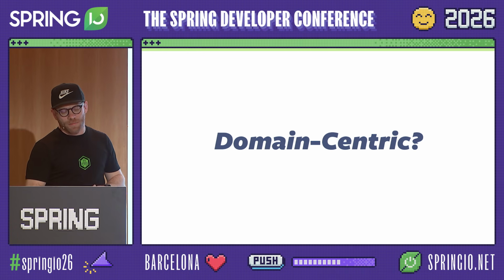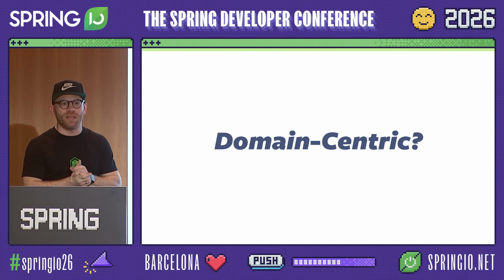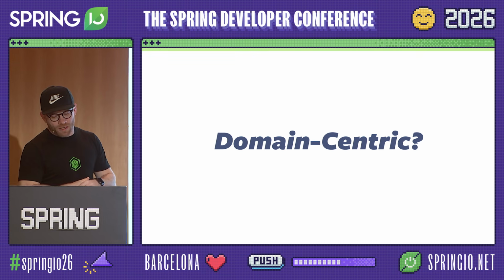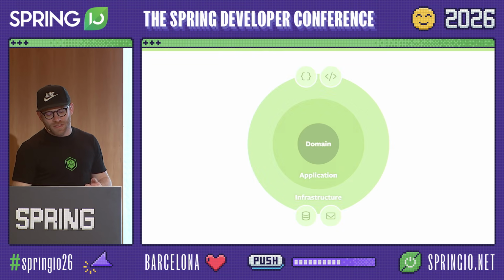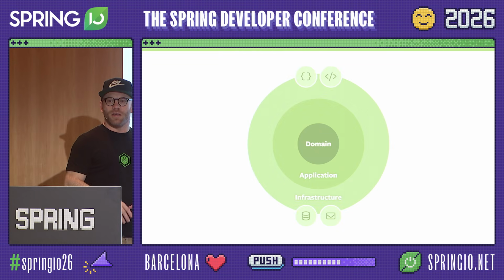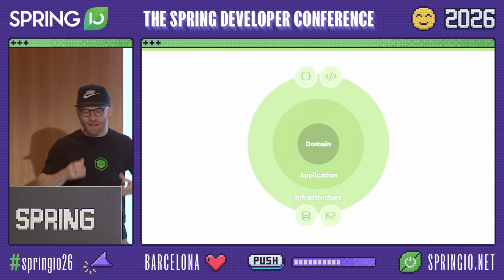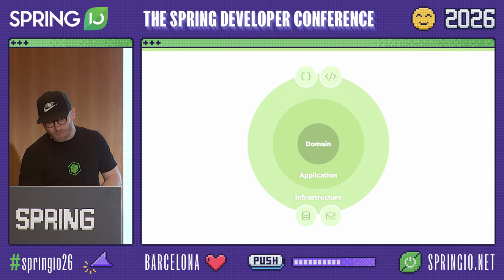And my pet peeve being these architectures being called domain-centric architectures, right? That comes from the fact, of course, that in both hexagonal and onion architecture, the domain is actually at the heart of the diagram that you draw, your visual, your mental picture.